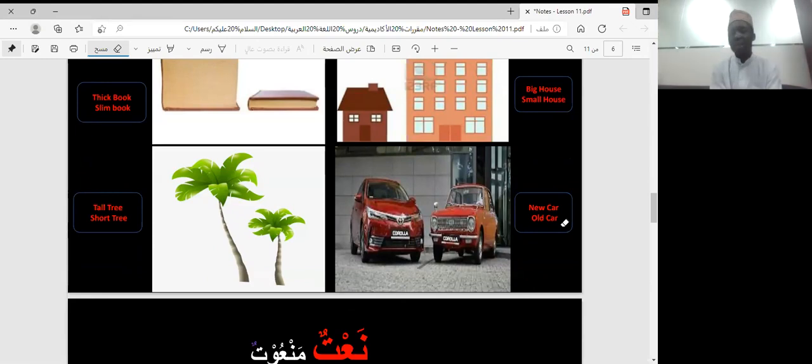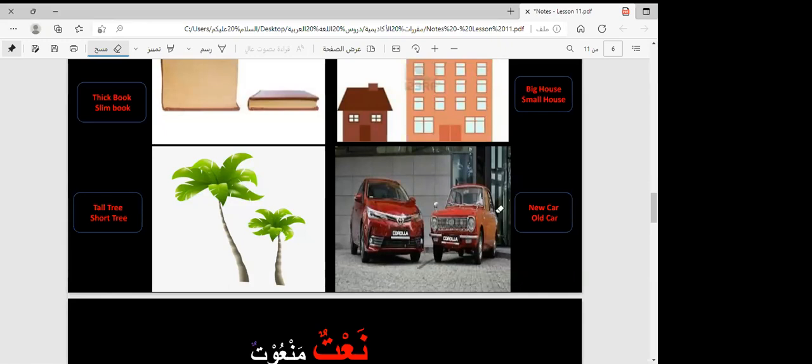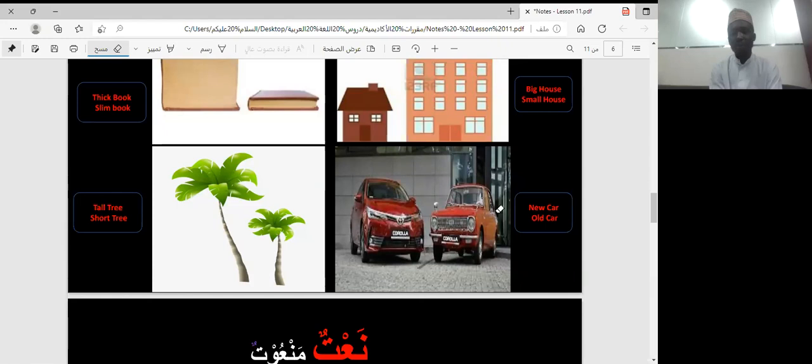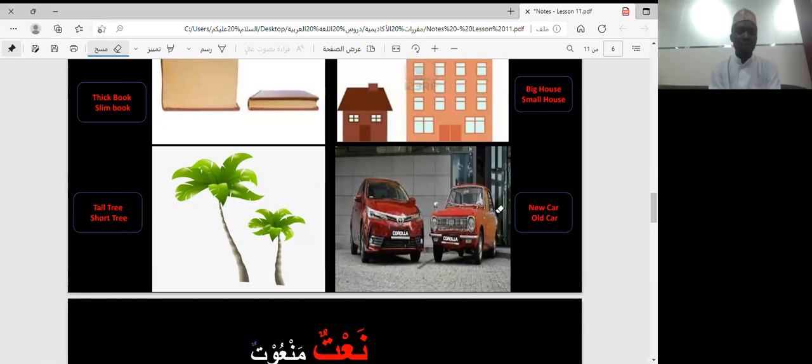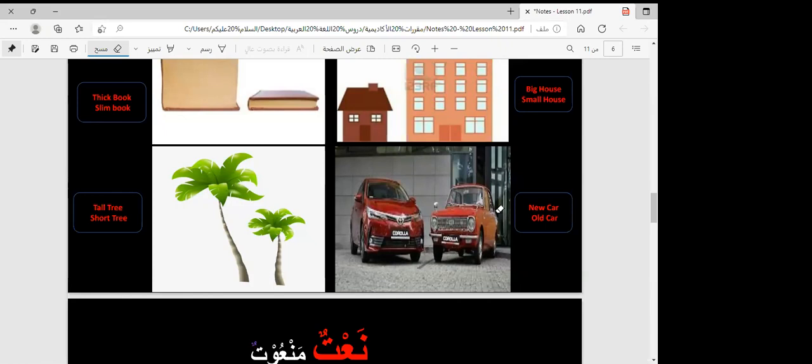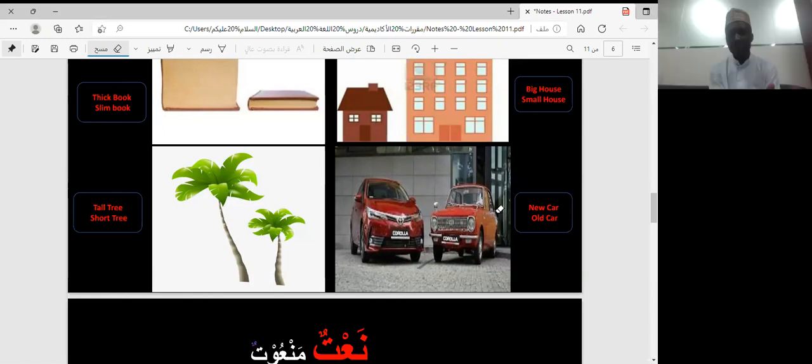How do I say new car in Arabic? Who is telling me that? Sayaratun jadidatun. Very good. Not jadidun. It is jadidatun, because the mani'ut is what? Is mu'annath, it's feminine. So the na'at should also be feminine.